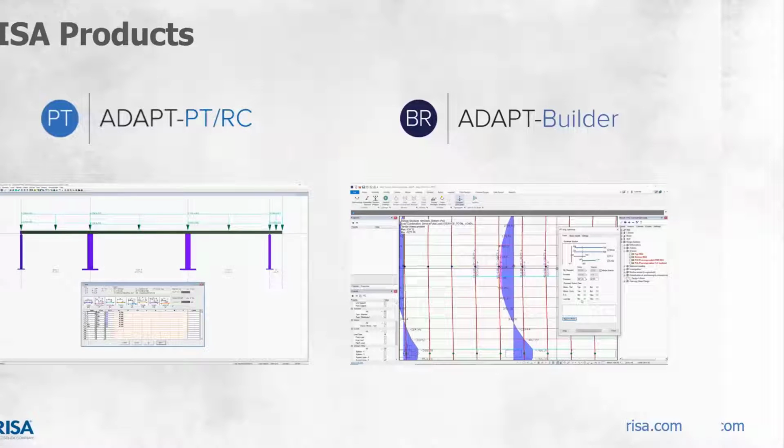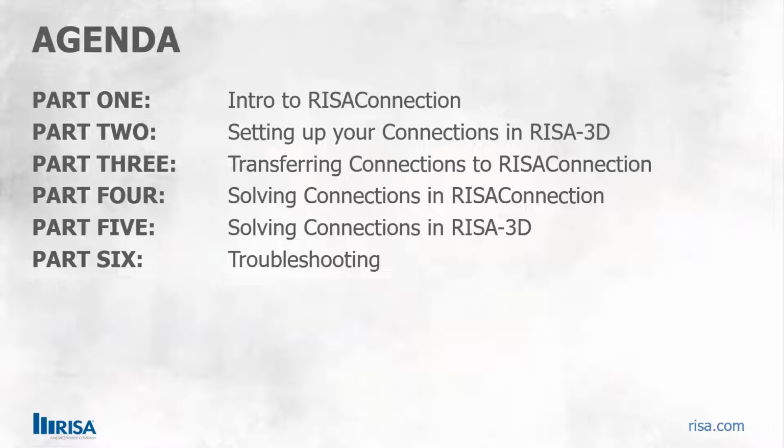Today's agenda is going to be an intro of what RISA-connection is, if you're not already familiar with it. Then we're going to look at setting up connections within RISA-3D. And then we'll use what we like to call the director function, which is really transferring your connections into RISA-connection from your RISA-3D file.